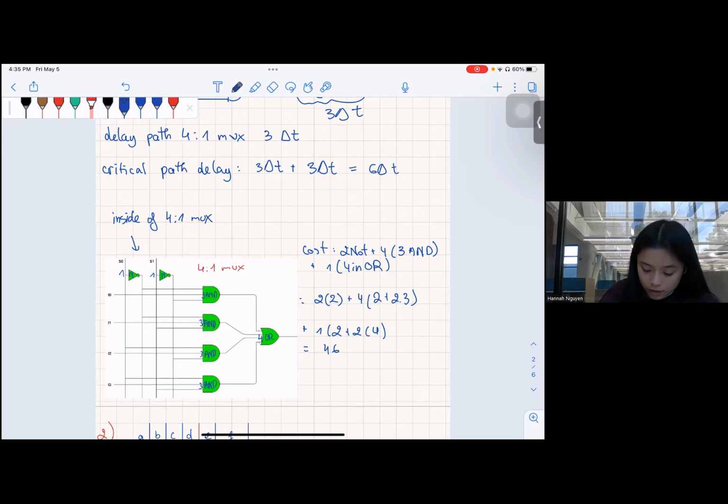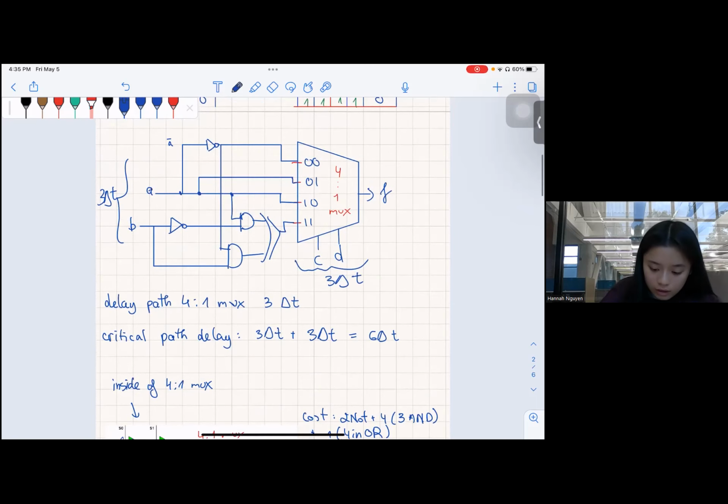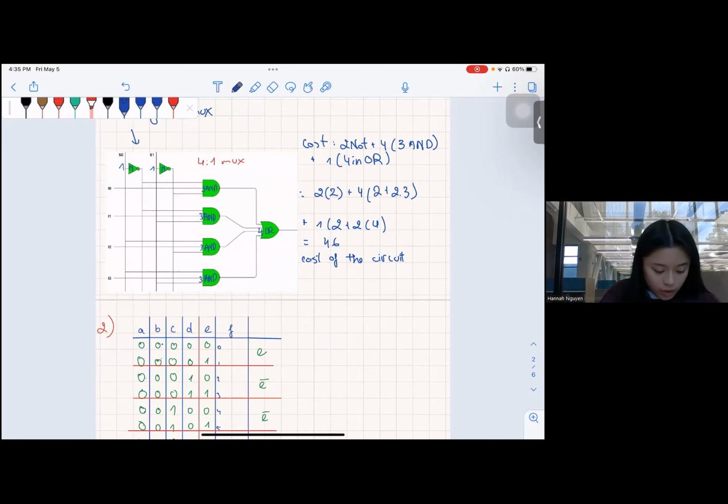And the cost of the circuit is equal to these, and that plus the cost of the mux. So for the logic, we have the cost of the mux is already 46. And then we have 2 NOT gates, 2 times 2.